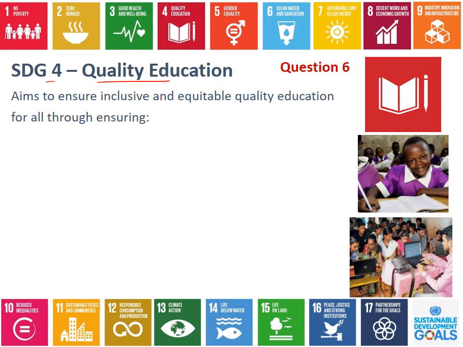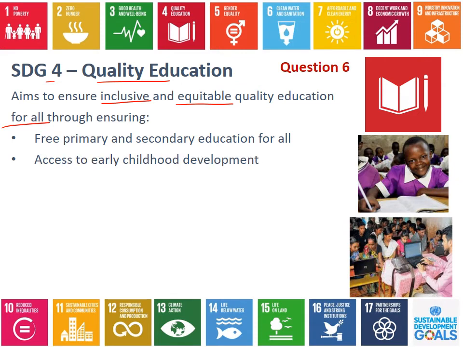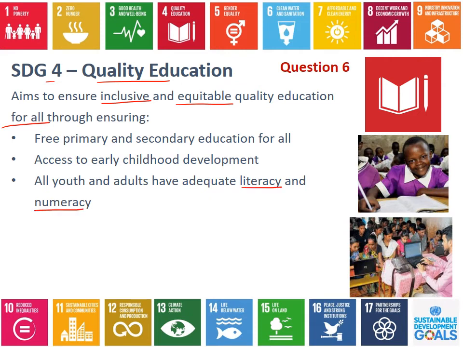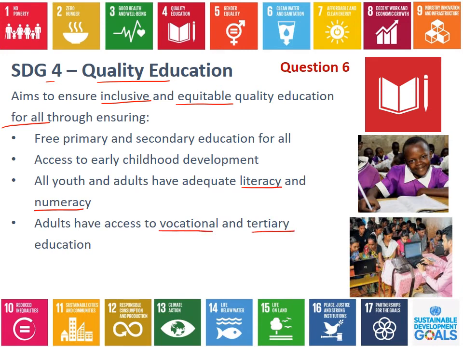This Sustainable Development Goal aims to ensure inclusive and equitable quality education for all through ensuring free primary and secondary education, access to early childhood development, so things like kindergarten and daycare and those kind of things that help develop skills, ensuring all youth and adults have adequate literacy and numeracy, giving adults access to vocational and tertiary education, so things that will kind of help them to get jobs, and ensuring that new educational facilities are built.